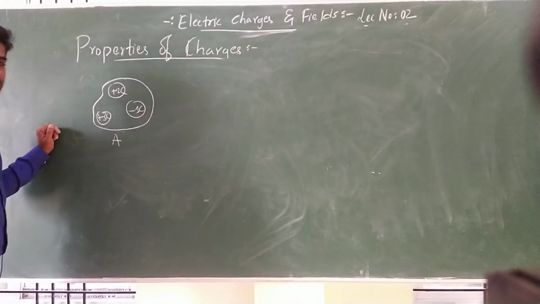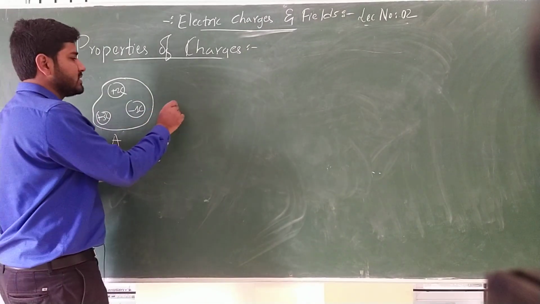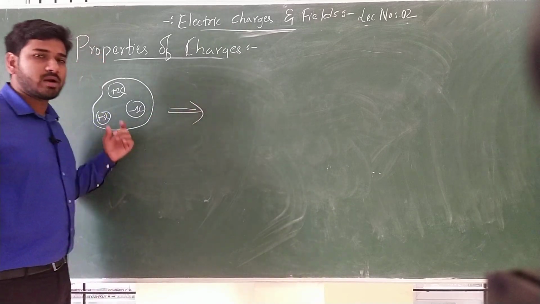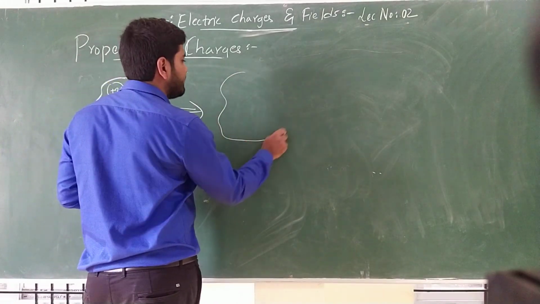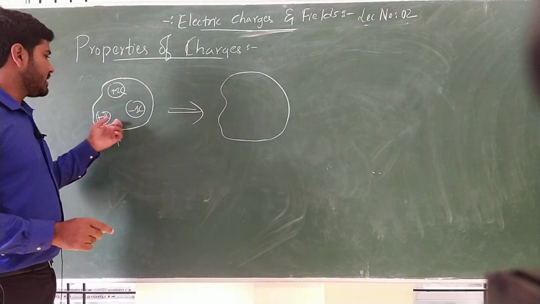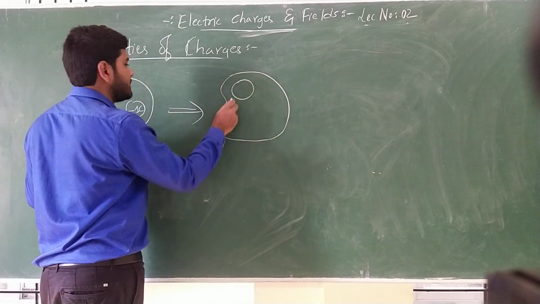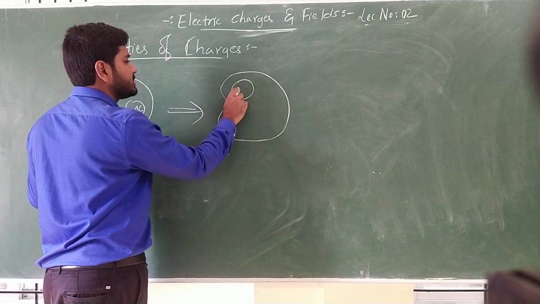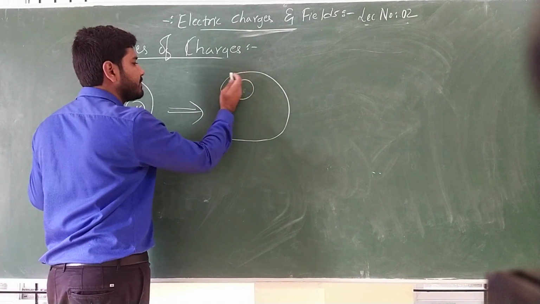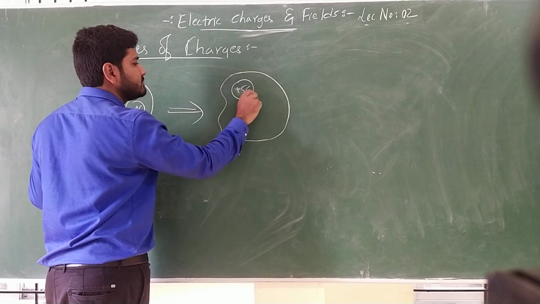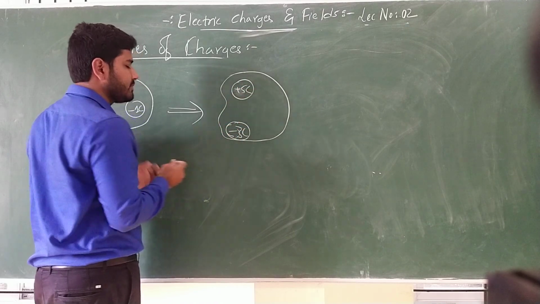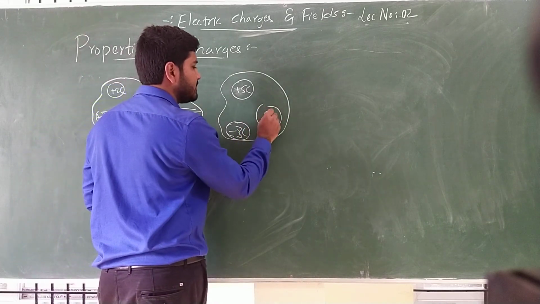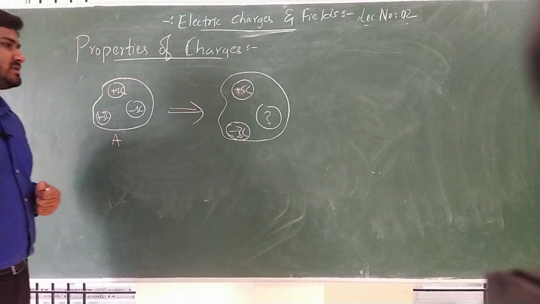This much charge is in this isolated system. I do some work on this system and get the same system again, and the charges are now plus 2 coulomb, plus 5 coulomb, and minus 3 coulomb.